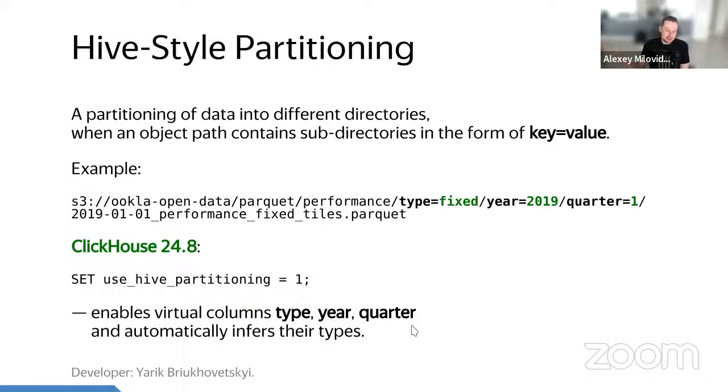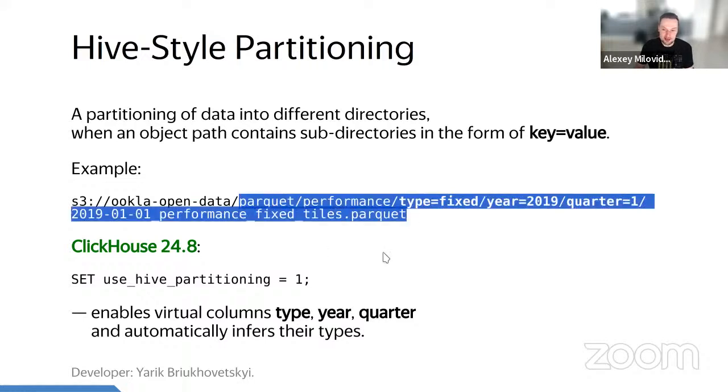It will automatically infer the types, so it is pretty nice to have. In the previous version, you could use the path virtual column that would extract the whole path, and then you could parse it with regular expressions, but it was not as convenient as with the natural support.